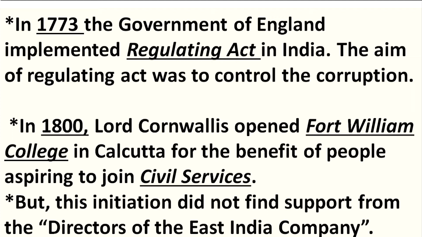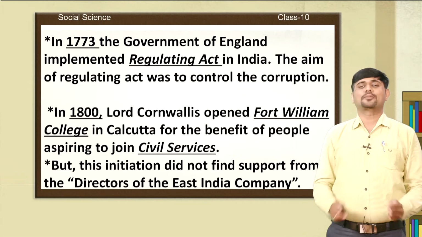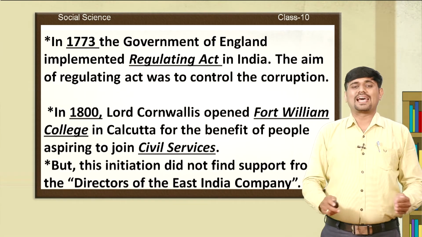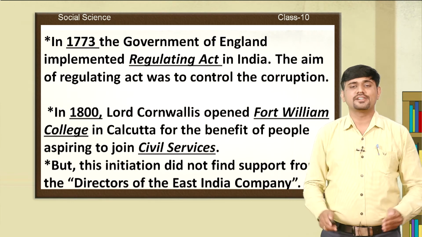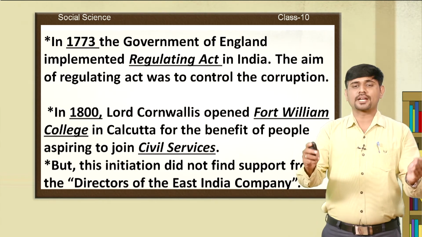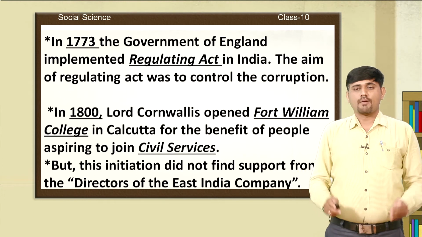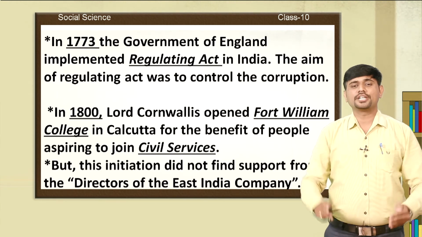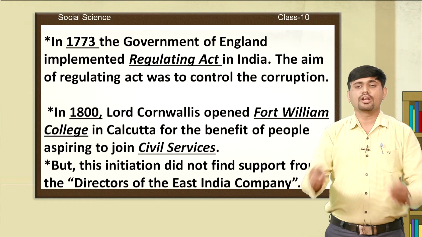My dear students, with all these developments, in the year 1800, Lord Cornwallis opened Fort William College in Calcutta for the benefit of people aspiring to join civil services. For the Indians who would like to become civil servants, there was an opportunity created by Lord Cornwallis.